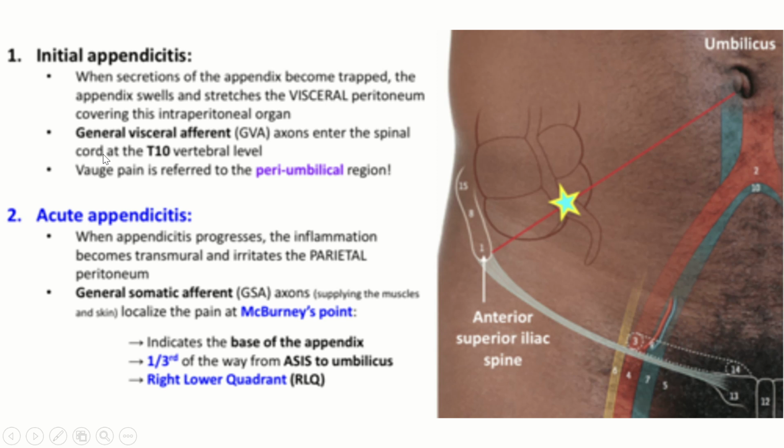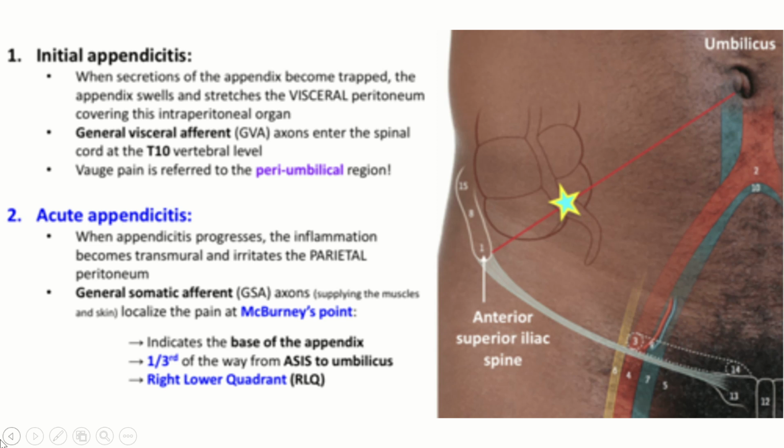The visceral peritoneum is supplied by the T10 nerve, a general visceral afferent, and the same nerve supplies the periumbilical region. When you see the dermatome area, the umbilical region is supplied by the T10 dermatome. So, the pain from the appendix will be referred to the umbilical region.